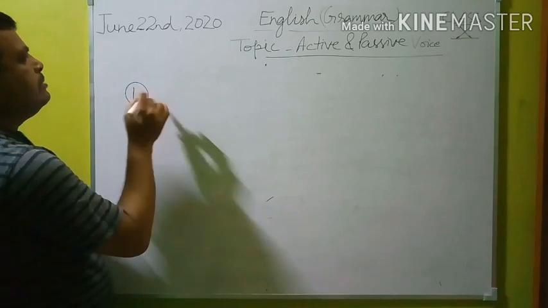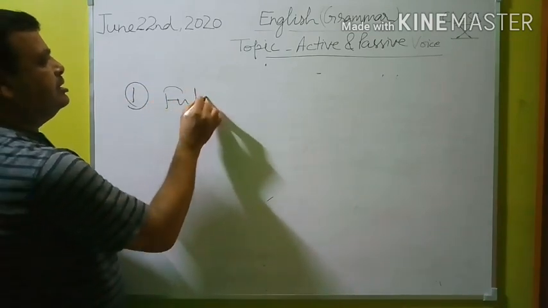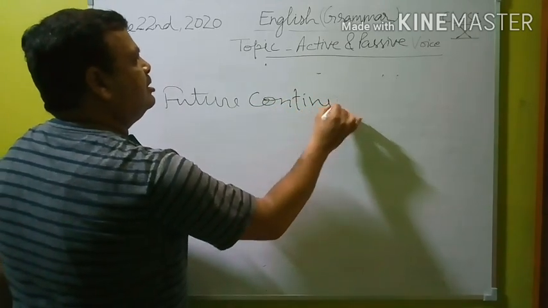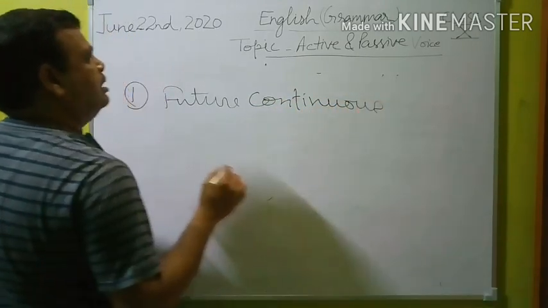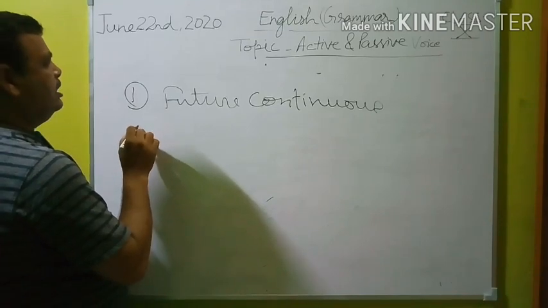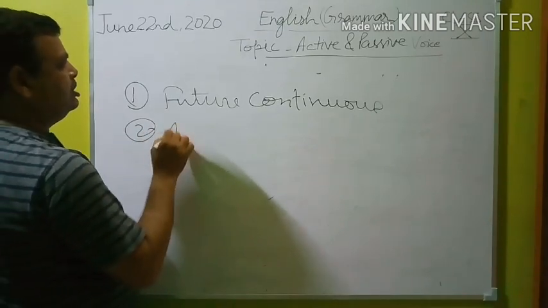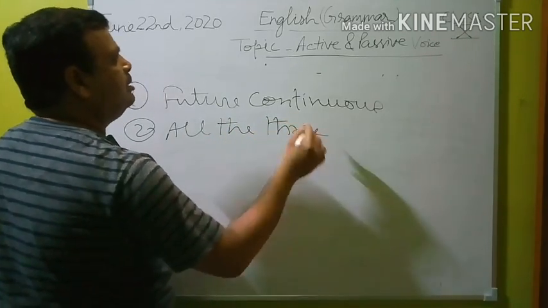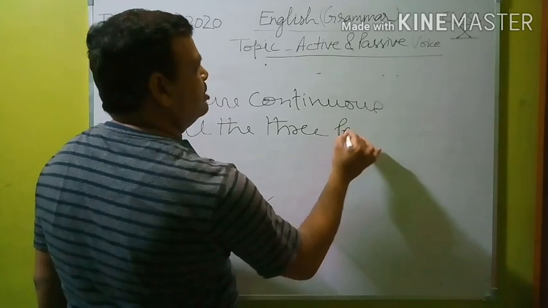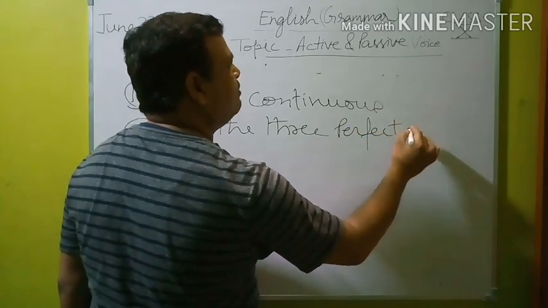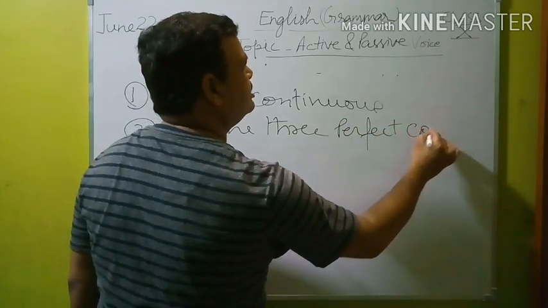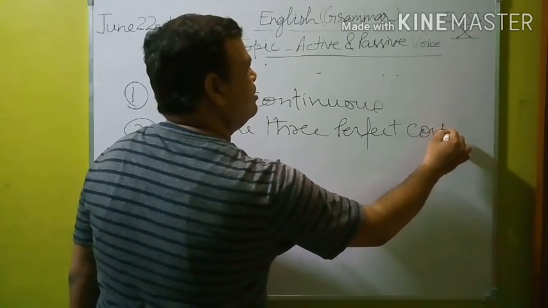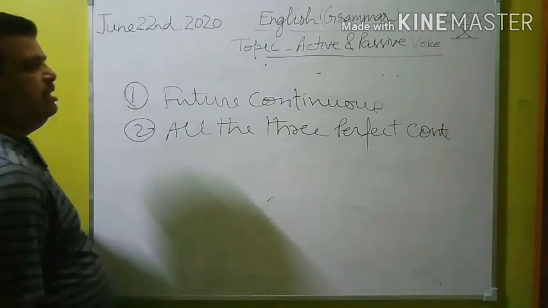Number 1, future continuous. Second, all the three perfect continuous, that is present perfect continuous, past perfect continuous, and future perfect continuous.